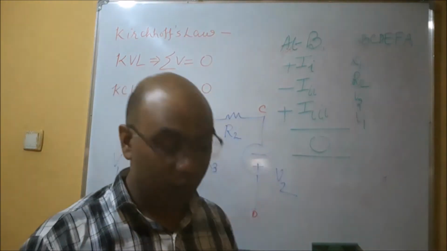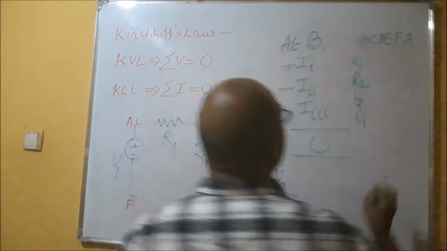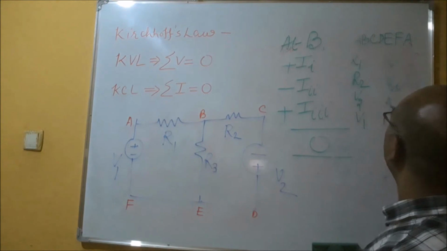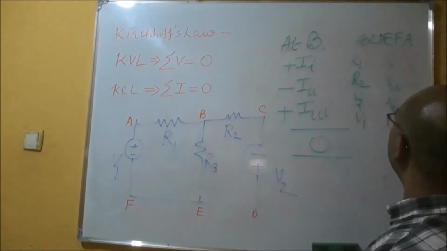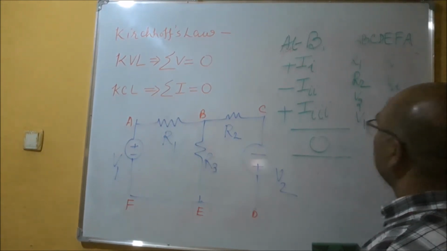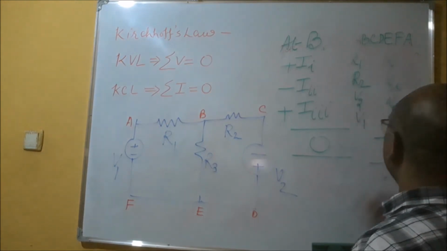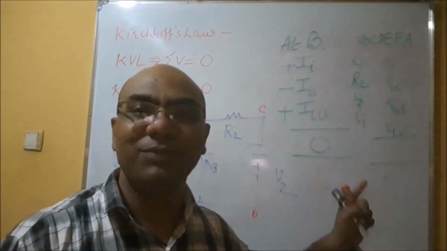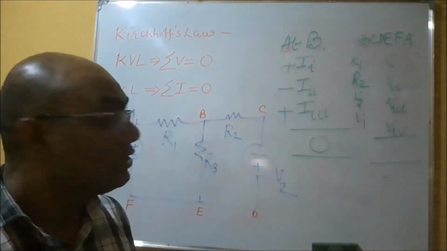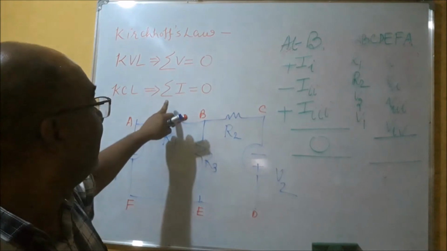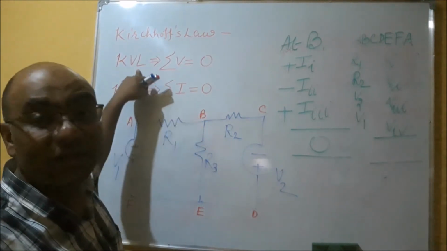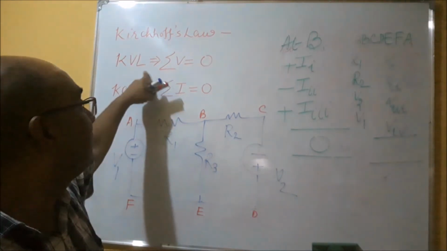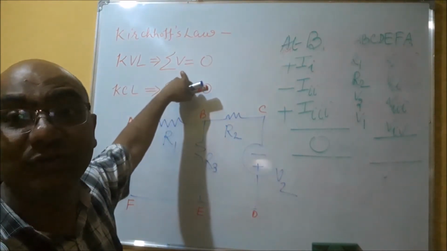For these four components, let us say the voltages are V1, V2, V3 and V4. So the voltage across each component is V1, V2, V3, V4. What does your KVL say? Your KVL says that the sum should be 0.